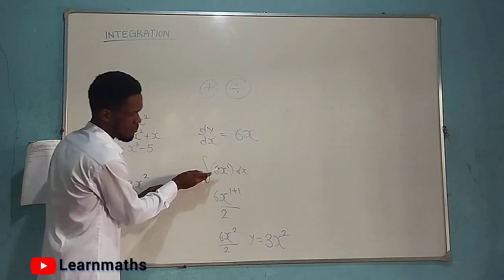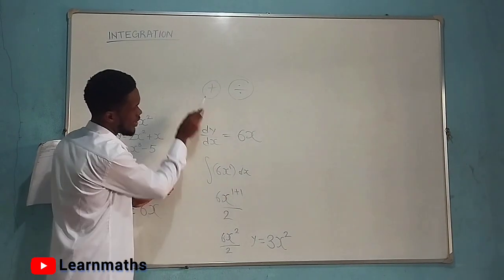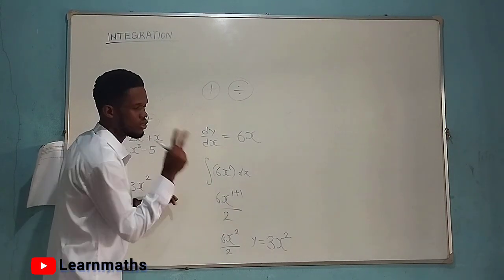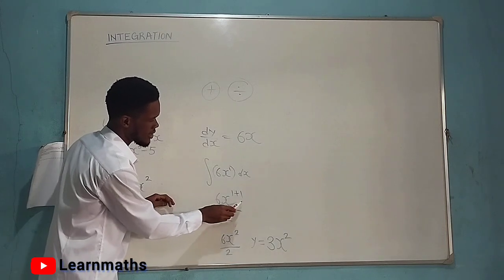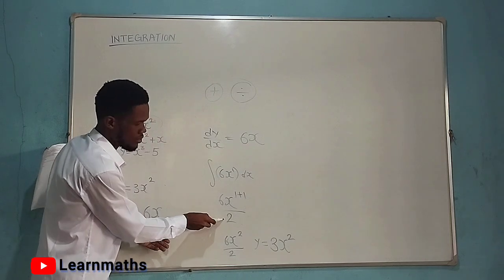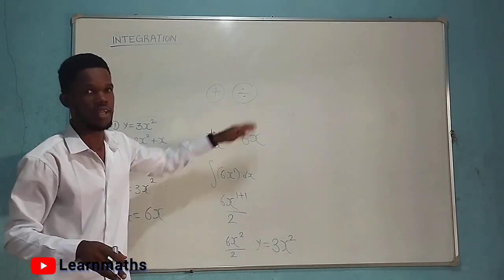We added 1 to the power of x, which happened to be 1 here. After adding 1, we got 2 as the new power for x. What did we do with the 2? We divided by that 2. So that's how easy it is to add and divide.